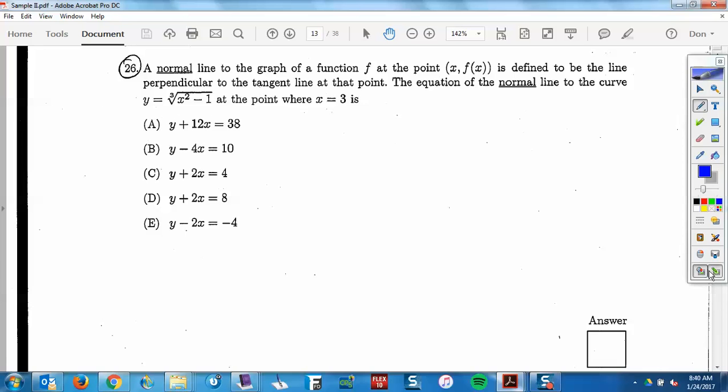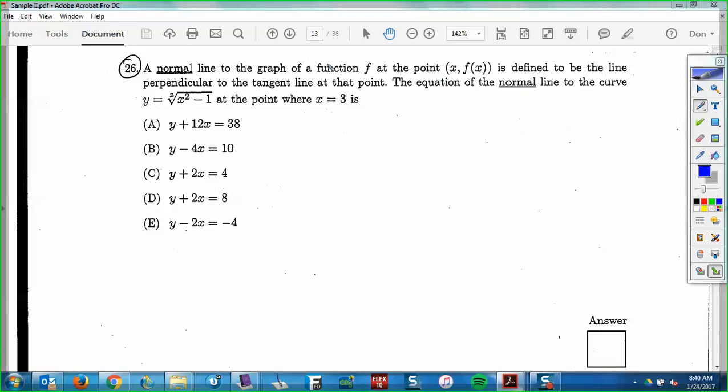Okay, tell me what you've done so far. Okay, so we want the normal line, and it tells us right here the normal line is perpendicular to the tangent line, so that's just opposite reciprocal slope, right? So you did the derivative to get your slope. I like that. Now this would be x squared minus 1 to the 1/3 power. So you did your derivative. Tell me what that was. What about to the negative 2/3?